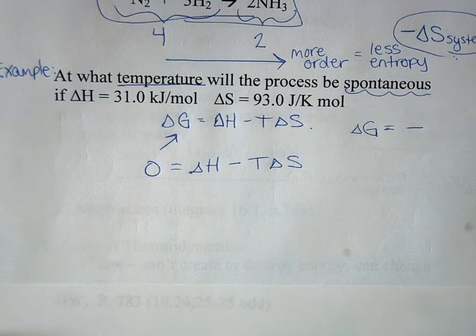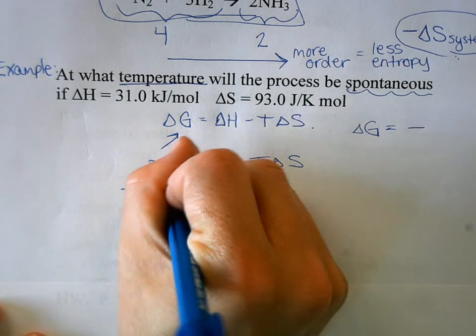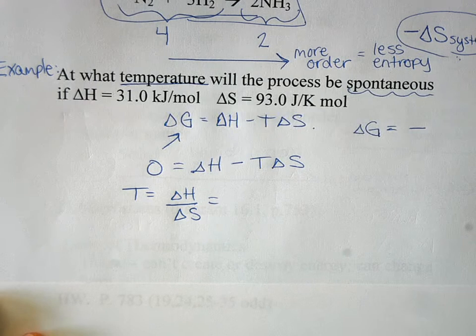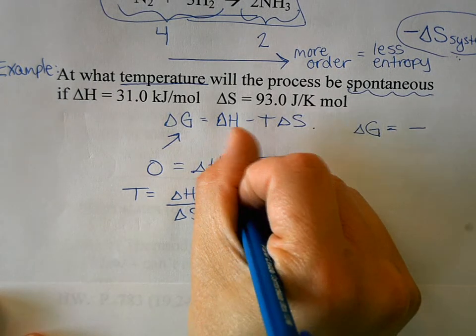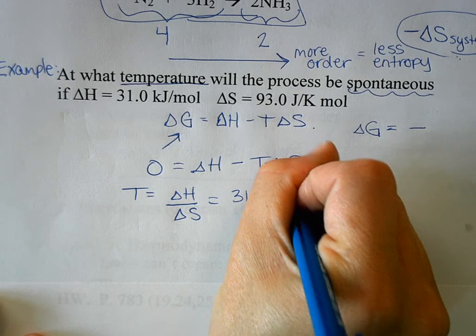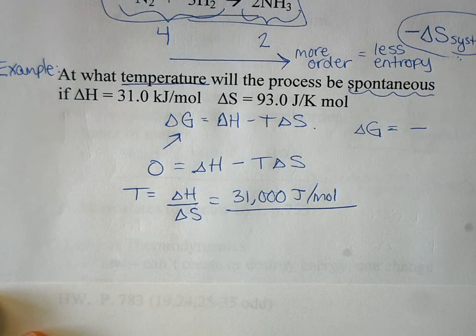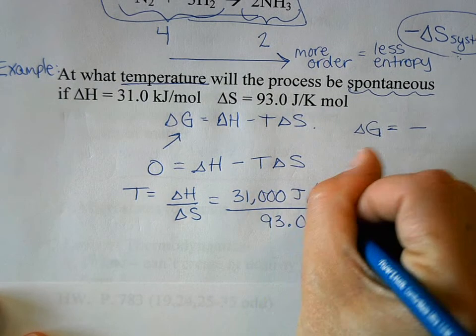I'm not going to go through the whole rearranging of that again, but T is equal to delta H over delta S. Make sure your units are all the same. So 31,000 joules per mole over, and delta S is 93.0 joules per mole Kelvin.